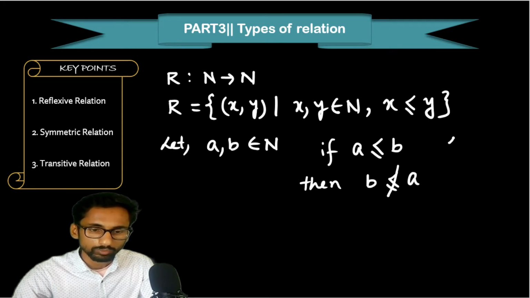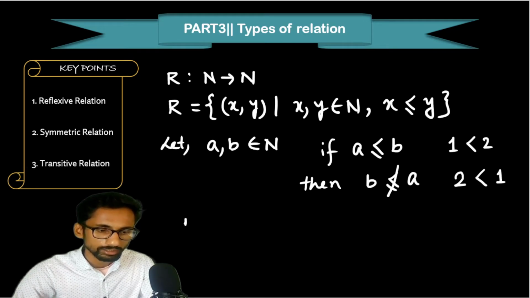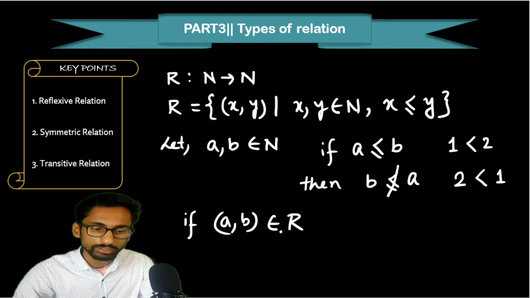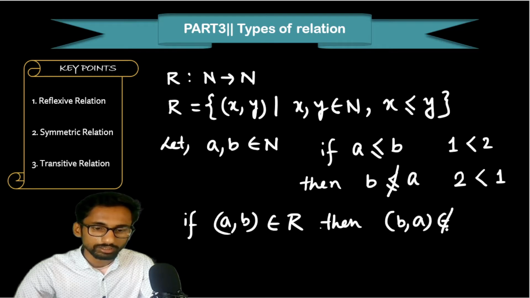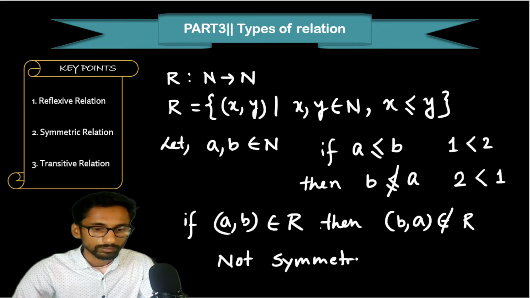For example, 1 is less than 2, then we can't say that 2 is lesser than 1. That means if A comma B belongs to the relation, or A comma B satisfies the relation, then B comma A doesn't belong to the relation or doesn't satisfy the relation. That means the given relation is not symmetric.